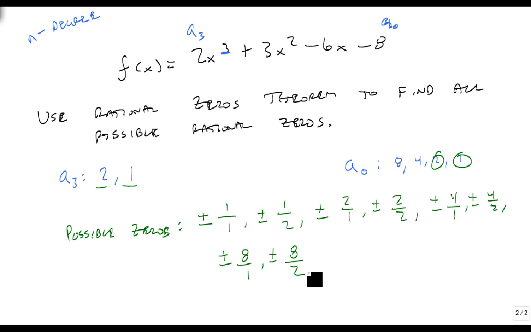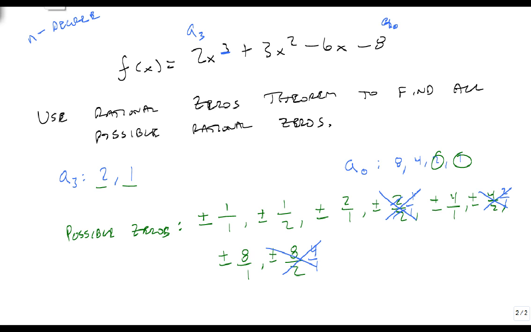And now if we look at this, I want to be very, very clear. Notice that the 2 over 2 is the same as 1 over 1, and so I only need to list it once. And 4 over 2 is 2 over 1, which again I have, so I only need to list it once. And 8 over 2 is 4 over 1, so I only need to list it once.